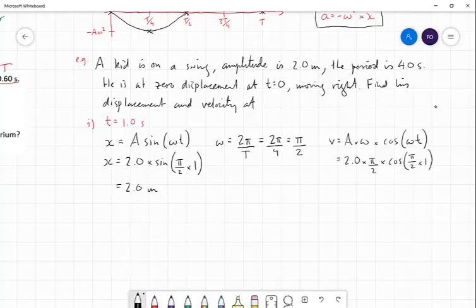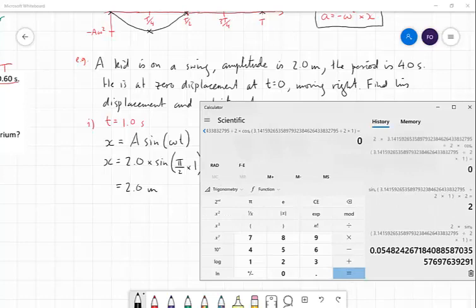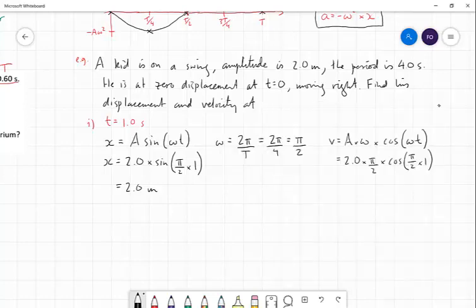And this cosine of pi over 2 times 1 is 0, but we can just show that. So we go 2 times pi divided by 2 times the cosine of pi divided by 2 times 1, and that gives us a final answer of 0, because the cosine of pi over 2 is 0.